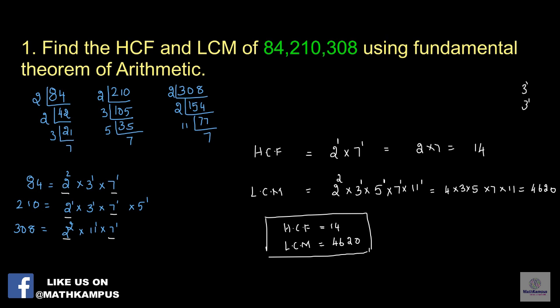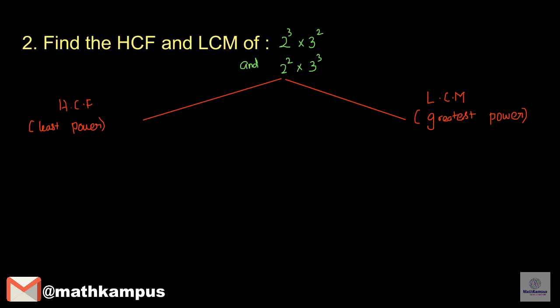இதே பேட்டர்ன்ல இன்னொரு சம் பார்க்கலாம். Find the HCF and LCM of. லாஸ்ட் டேர்மில் நம்மளே ப்ரைம் ஃபேக்டரைசேஷன் பண்ணி அதோட ப்ரைம் ஃபேக்டர்ஸை கண்டுபிடிச்சோம். இங்கே கொடுத்துருக்கிற கொஸ்டினே ப்ரைம் ஃபேக்டர்ஸாக தான் இருக்குது. 2 cube into 3 square. நெக்ஸ்ட் நம்பர் இஸ் 2 square and 3 cube. ஸோ ரெண்டு இடத்துலையும் காமனாக அப்பியர் ஆகிருக்கிற பேஸ் வந்து ஒன்று வந்து 2, other one is 3.